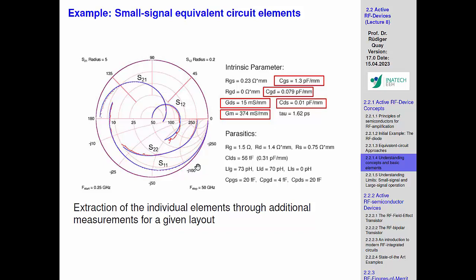And here you see also that the ratio of the input and the feedback capacitance is significant. So this is way higher. So we are trying to suppress the feedback capacitance for other reasons that will come. Yeah. The output capacitance is relatively low.